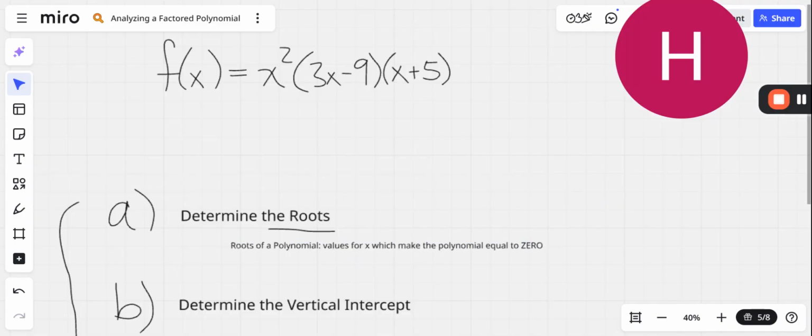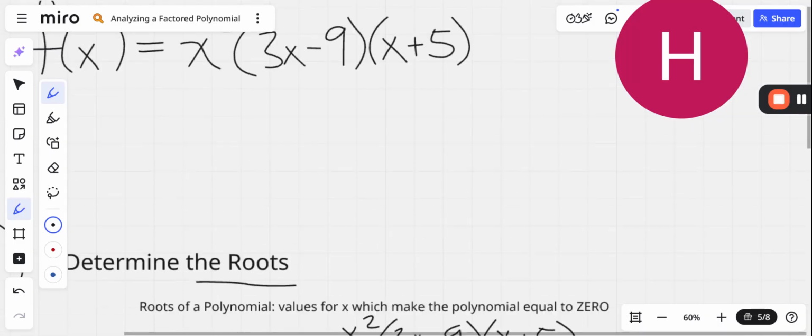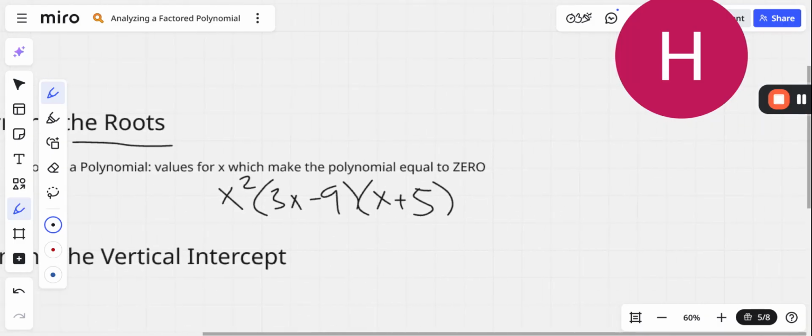And because this is factored, we can take advantage of the zero product property, which says that if we want this entire product, x squared times 3x minus 9 times x plus 5. Am I hallucinating? Is that the right one? Yeah, x plus 5. If we're saying that this product is equal to 0, then we know at least one of its factors must be 0.